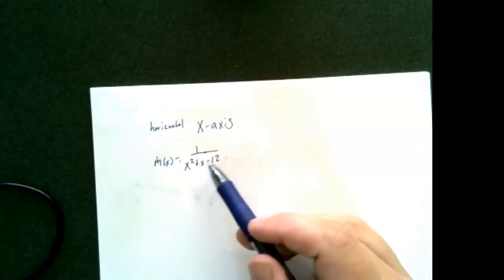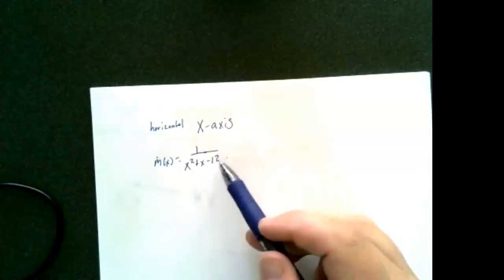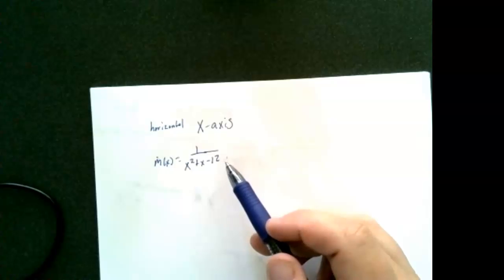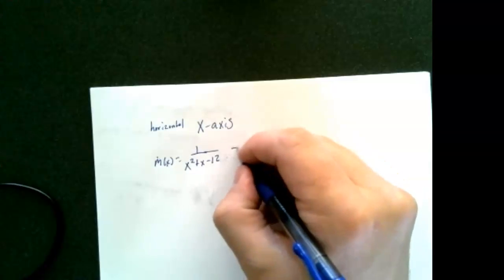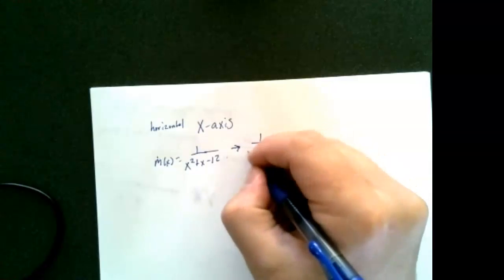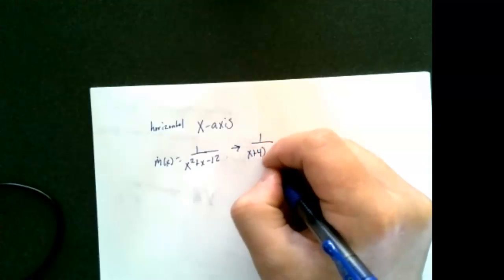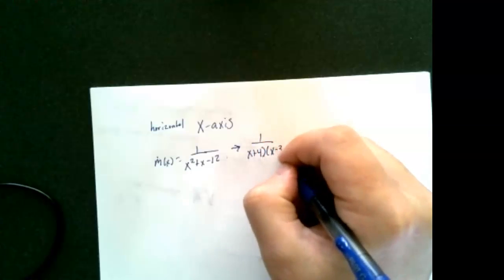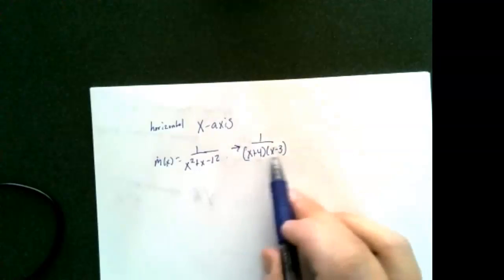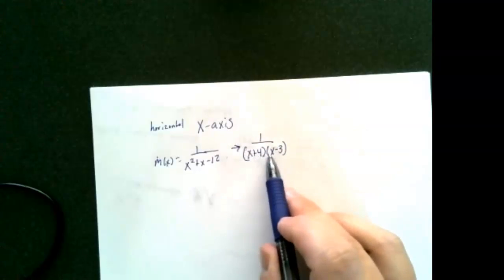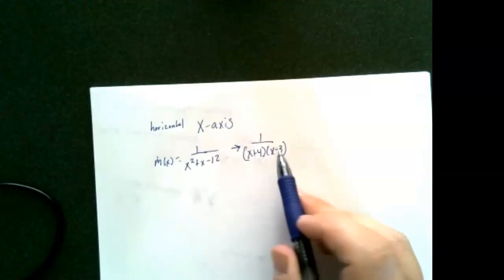So we're looking for two terms that multiply to equal -12 and add to equal +1. So that would be 1 over (x plus 4)(x minus 3). Okay, x squared, -3x, +4x, -12.